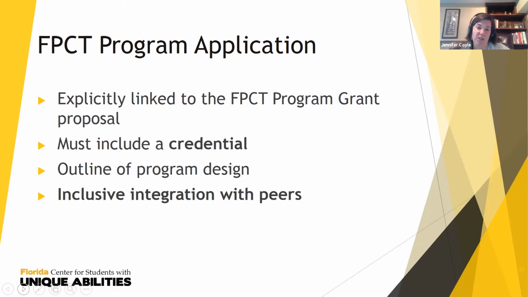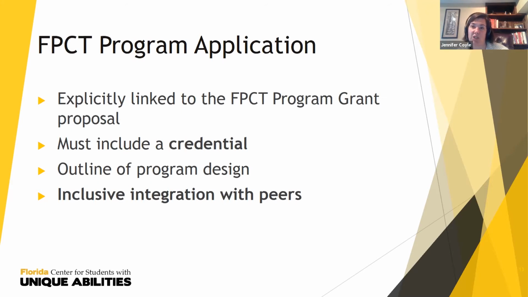As we go through these slides, you'll notice some things are in bold. For example, this word here, credential, is bolded. Those are things that are in the planning tool. There's actually a benchmark about credentialing. There are pieces you have to refer to and talk about, how you're going to have your students achieve or receive a credential in your program application.